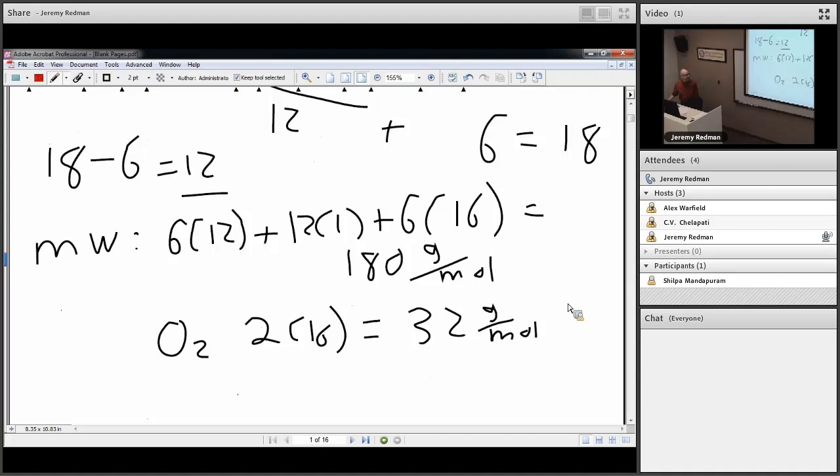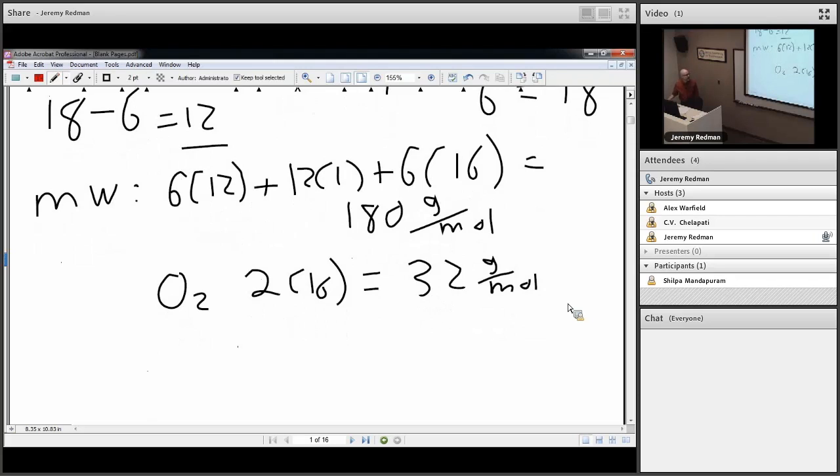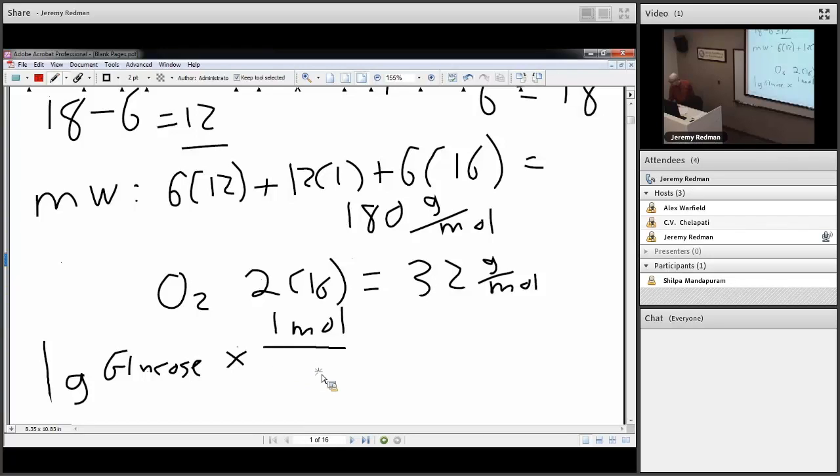And then if the question asks, how much oxygen do we need per gram of glucose, we could say, all right, 1 gram of glucose times, now we need to look at molecular weights. Glucose weighs 180 grams per mole. So we would say 1 mole divided by 180 grams. How much oxygen do we need?